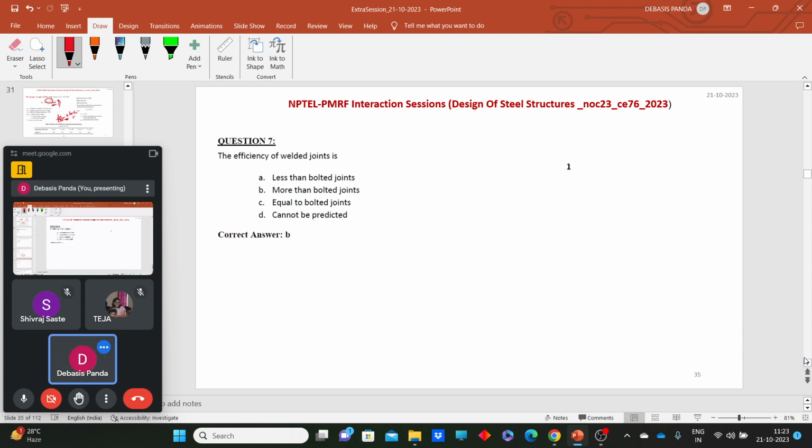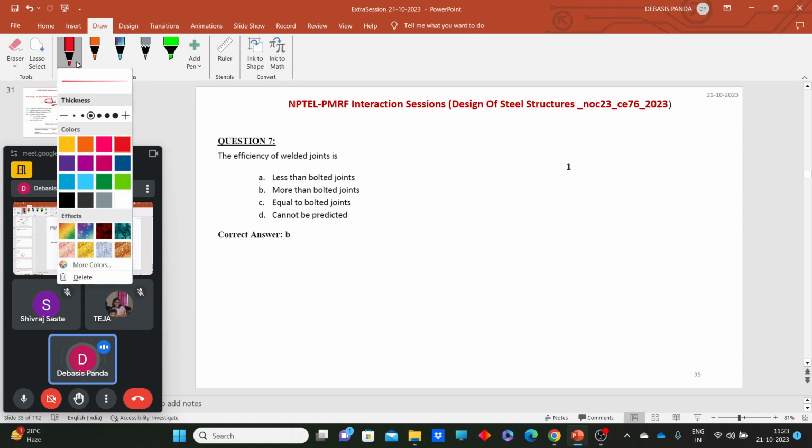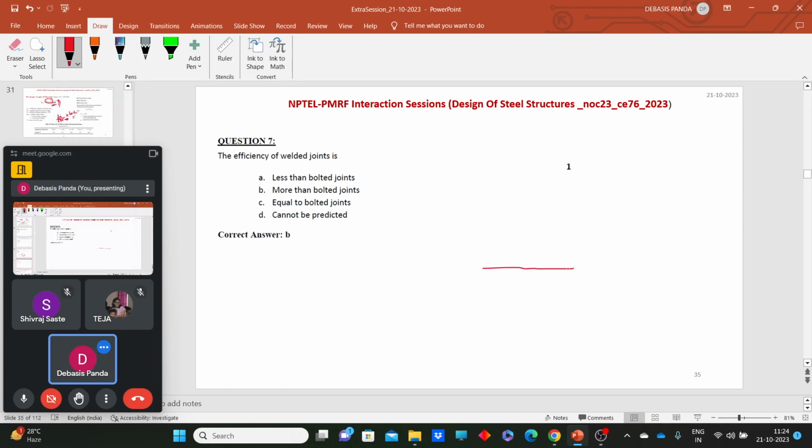That's all. Now, the efficiency of a welded joint: tell me, what is the answer? The efficiency of a welded joint is more than your bolted and riveted joint. Let's consider one butt joint of weld, and for example a butt joint of a bolted connection. For the weld case, say we are providing a complete penetration U or V butt weld.